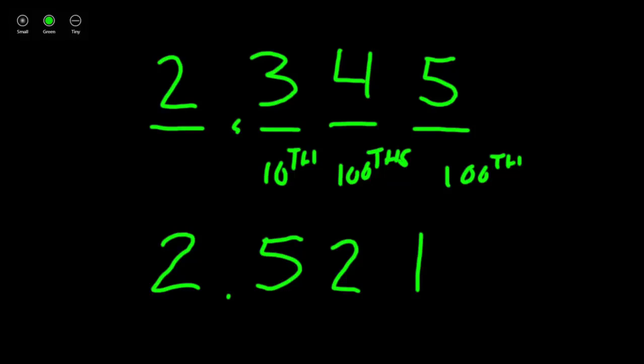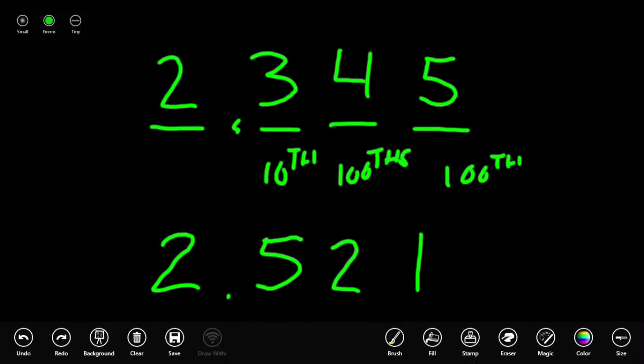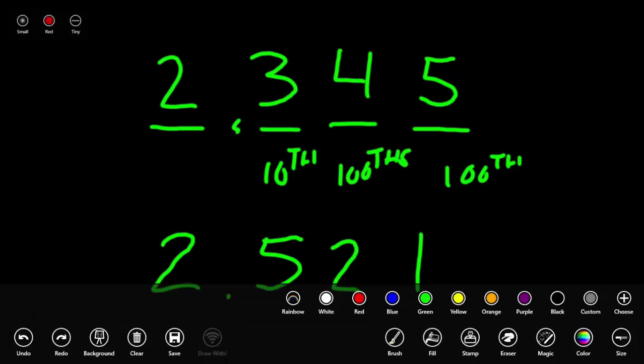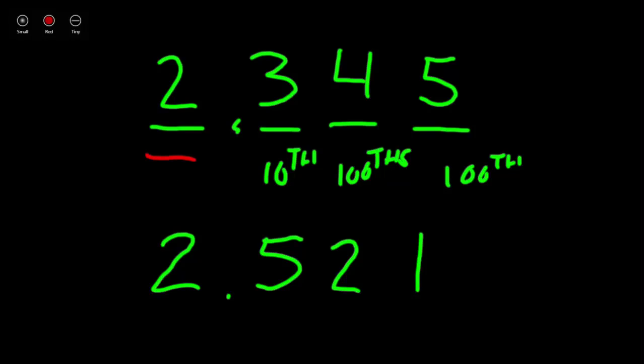Now, just like when you're comparing whole numbers, you start with a digit that is worth the most value. In this case, we know that our 2's have the largest value because places to the left are always worth more than places to the right. So if we look at our 2 in our ones place, they each have the same digit, and this place can't tell us which number is greater or smaller.